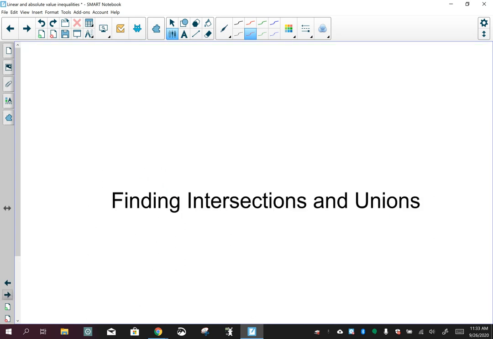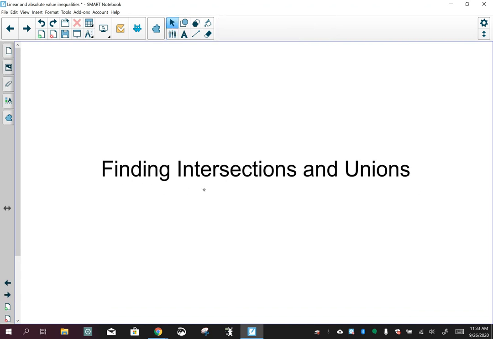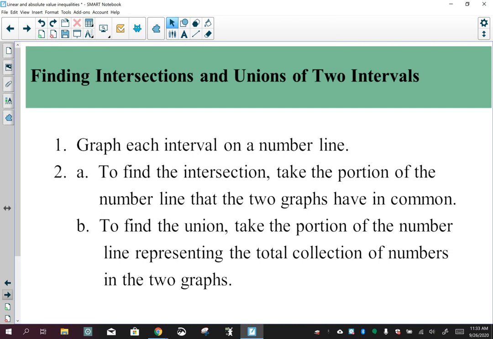So when we deal with inequalities and just trying to graph these notations and everything, sometimes we wind up with intersections and unions. So what we're going to do is graph each interval on the same number line. When we look at the intersection, two colors is usually the best way of doing this, and I'll show you what I'm talking about when we get into this.